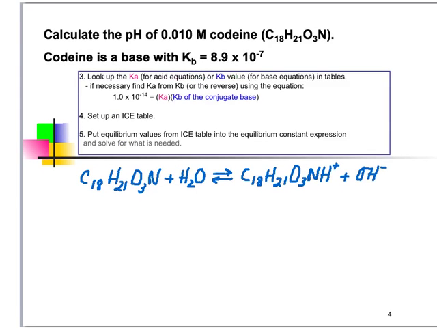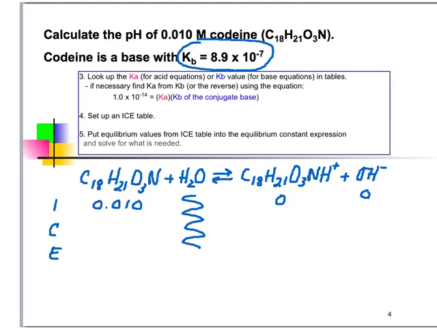Next, we will usually be looking up a Ka or Kb value to go with the equation we just wrote, and then set up an ICE table. Well, here we've been given the Kb, so that saves us one little step, but let's write up the ICE table. We're given that we have 0.010 molar codeine, so that's going to be your initial molarity, and when you're not told anything else, then those other compounds are zeros.